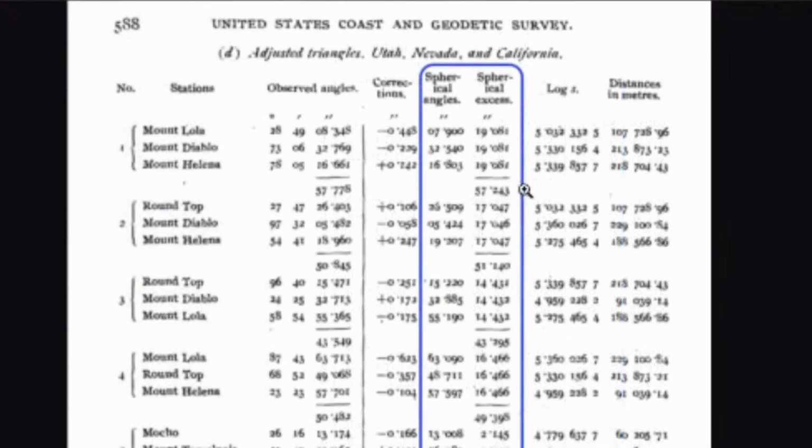And that particular triangle has an excess of 57 arc seconds, which is just under 1 arc minute, which is about 1/60th of a degree. These particular measurements are accurate to 3 digits behind the decimal point.